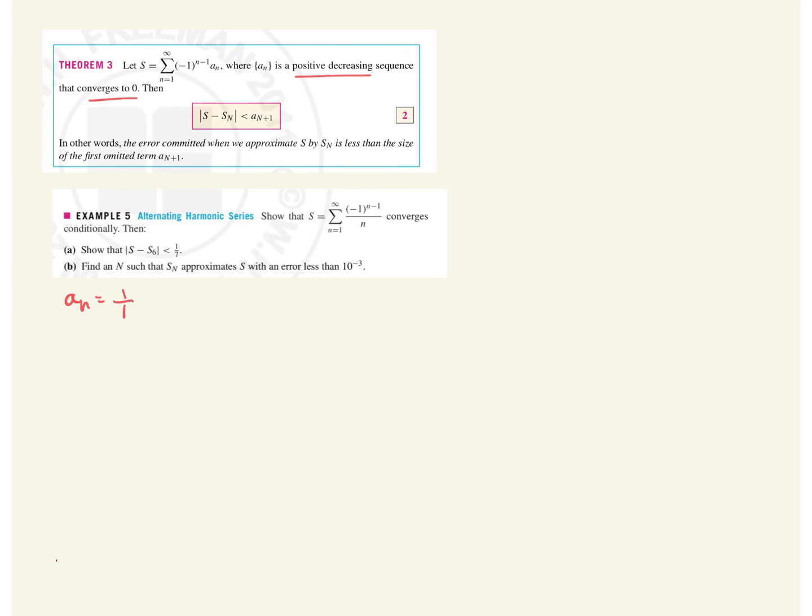A sub n is 1 over n, which is positive and decreasing. And if we took the limit as n approaches infinity of a sub n, we would get 0. So by Leibniz, S converges.